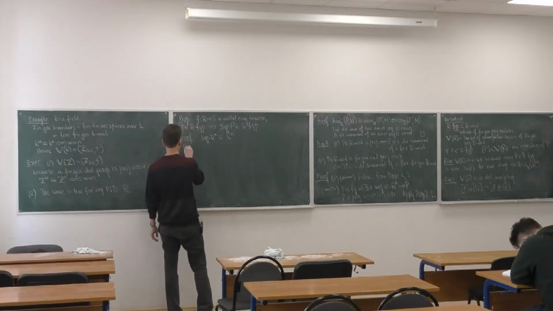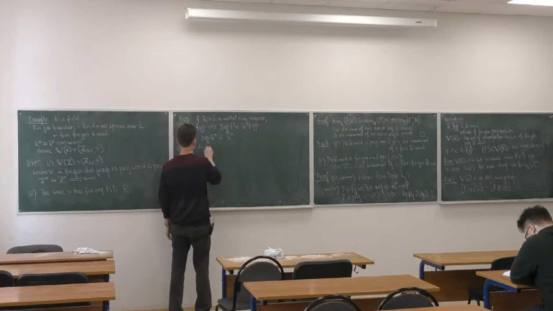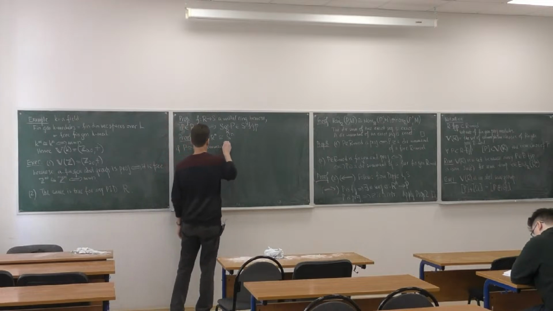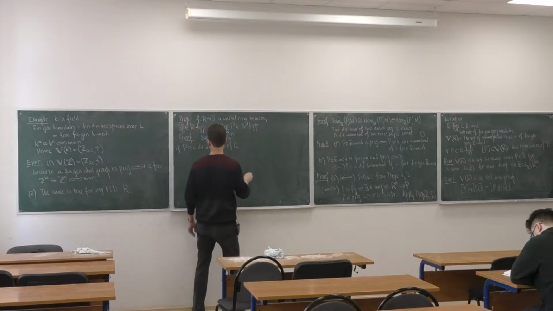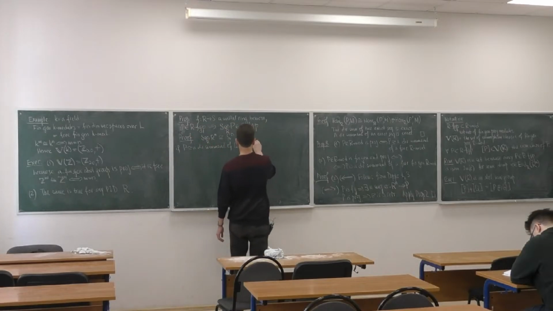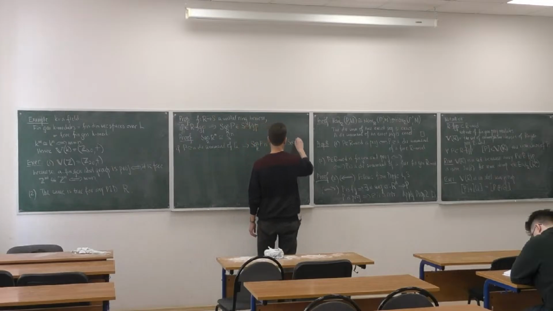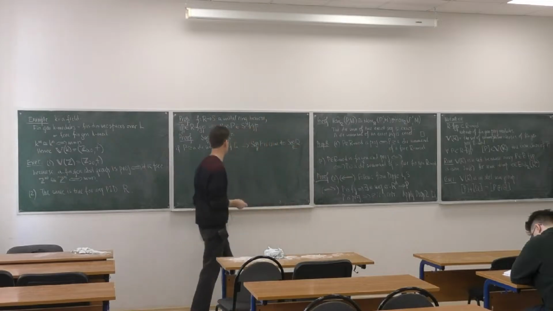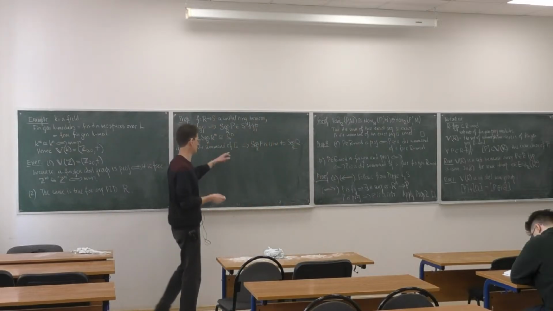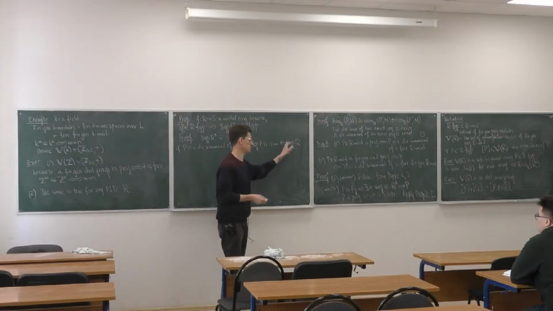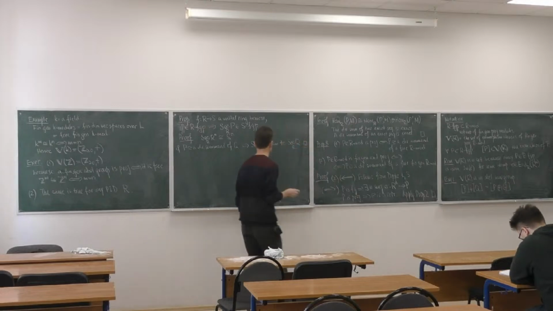So if P is isomorphic to a direct summand of another module Q, then S tensor P is isomorphic to a direct summand of S tensor Q. And that's it. So if P is projective, then it is a direct summand of a free module. And so this one is a direct summand of a free S module.